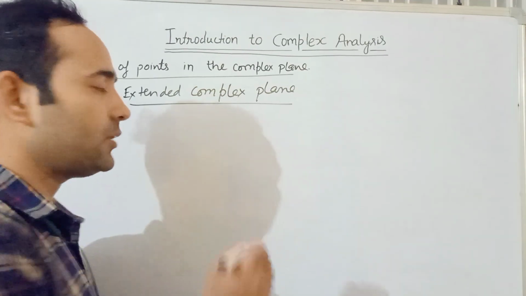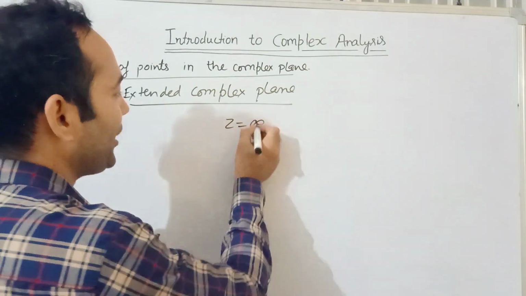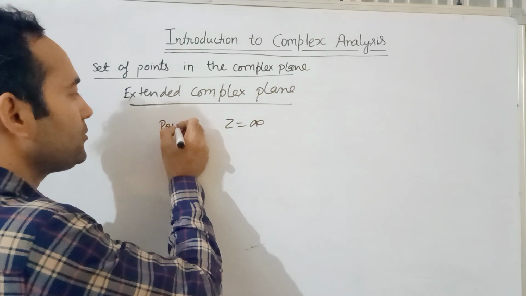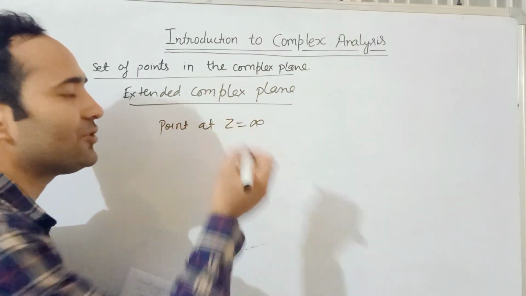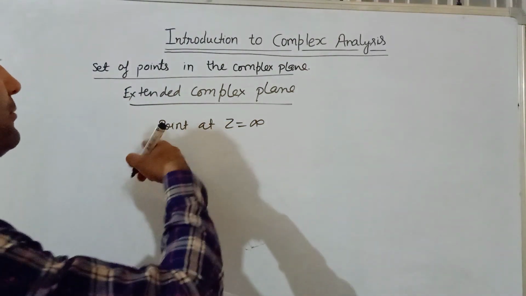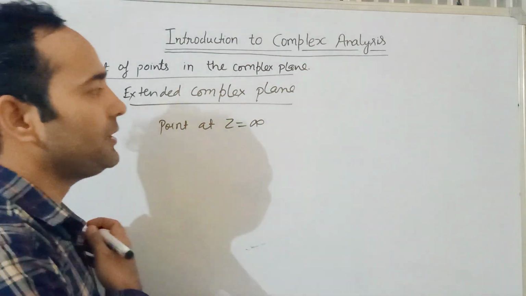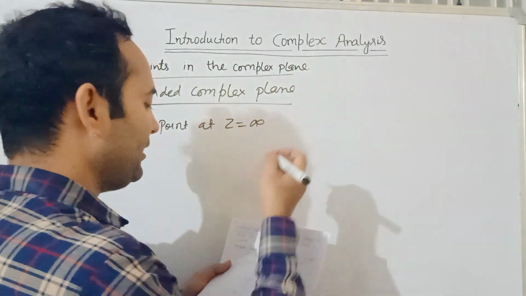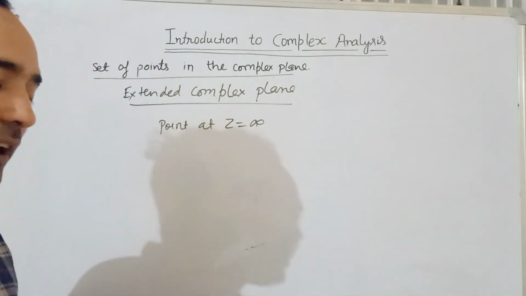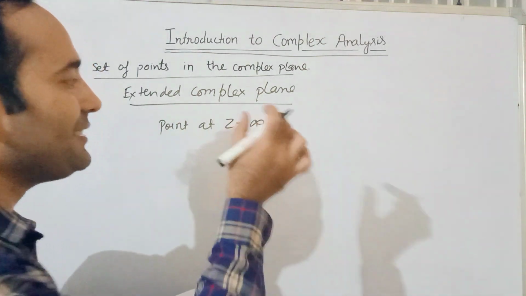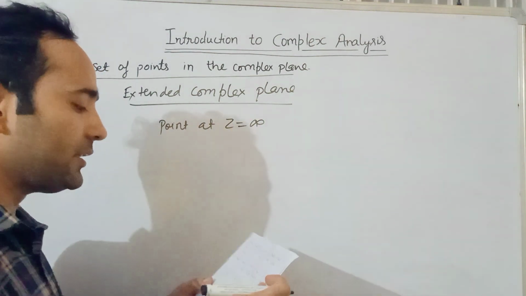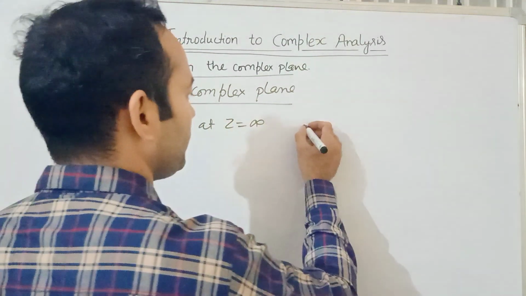If the point at z equal to infinity has been added, then what will you say? Extended complex plane, right? And if this is the complex plane without the point at z equal to infinity, then what will you say? Finite complex plane.